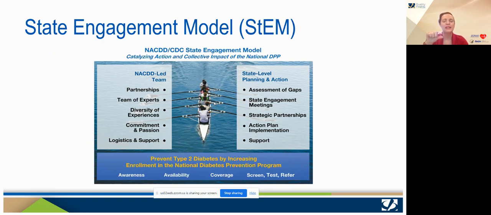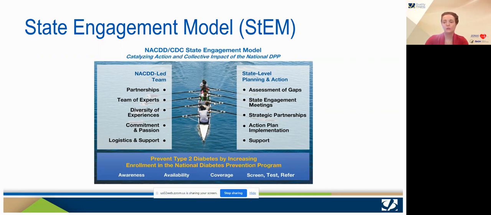STEM, State Engagement Model, is a project through the National Association of Chronic Disease Directors and the CDC to bring about awareness, availability, coverage, and of course, screen, test, and refer, which are around the National Diabetes Prevention Program. It's to bring together diverse stakeholders to raise awareness of prediabetes and the National Diabetes Prevention Program and to advance the prevention of type 2 diabetes.